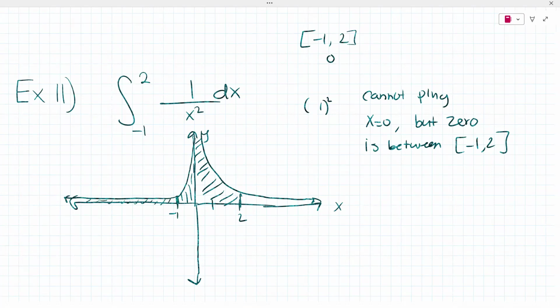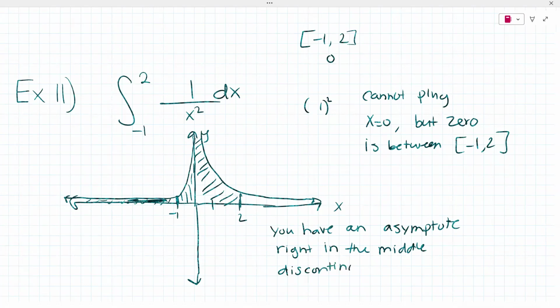Oops, sorry, we're only going from -1, you don't need this area. As you can see, you have a vertical asymptote right in the middle at x equals 0. So that's why you can't really include 0. So it's discontinuous at x equals 0.